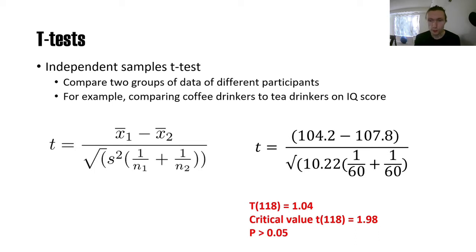So now we're going to look at whether our t-value is larger than 1.998, or smaller than minus 1.998. In this case, this is not the case because 1.04 is smaller than 1.998.